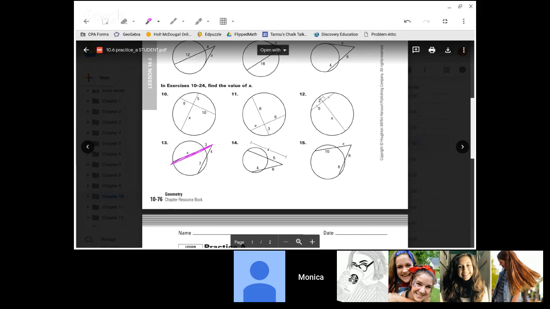Okay, so the outside times the length of the whole thing is x plus 3, right? And now we're going to do that for the other one. So what's the outside of the other secant? And then the whole thing.